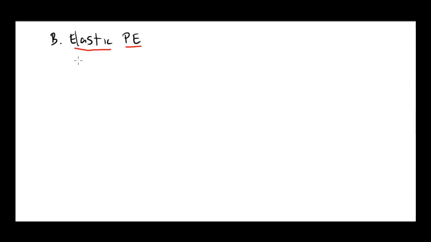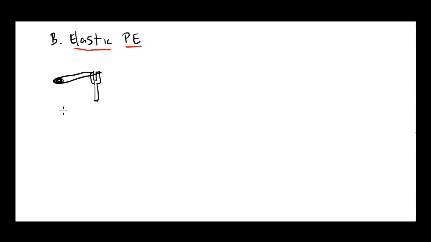An example might be a slingshot. If I pull this slingshot back some distance, and I put some sort of a rock in here, there's energy stored up in this spring.